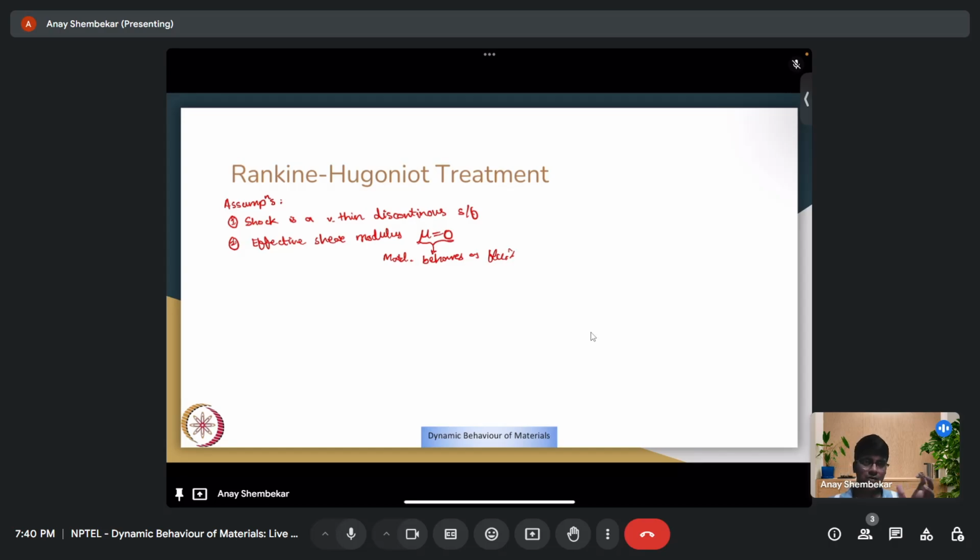There is no lateral flow, and you can effectively consider the material to have no shear modulus. The dominant phenomenon is only the normal pressure that was applied, a high amount of pressure that was applied to develop a shock front moving inside the material.